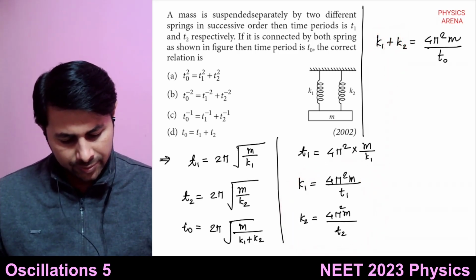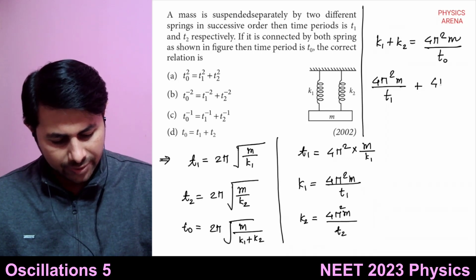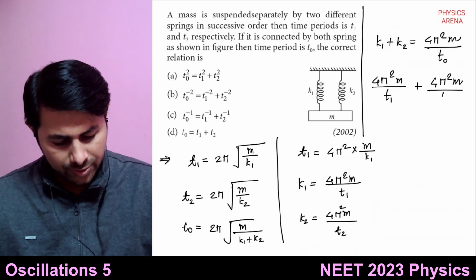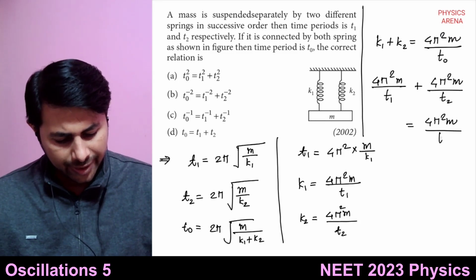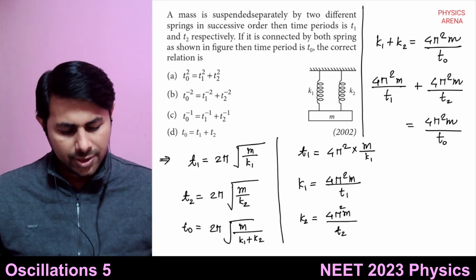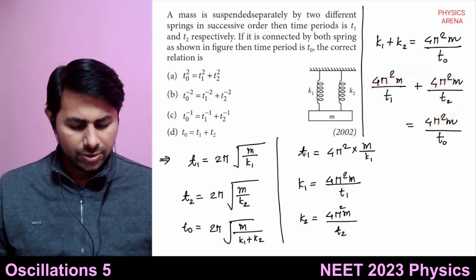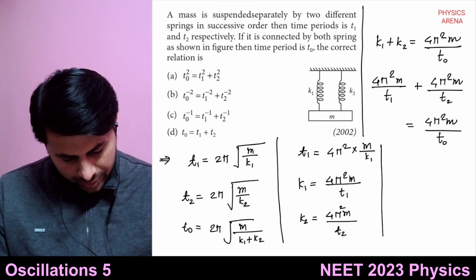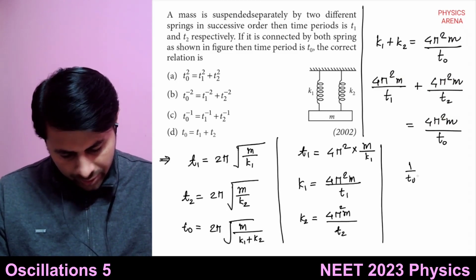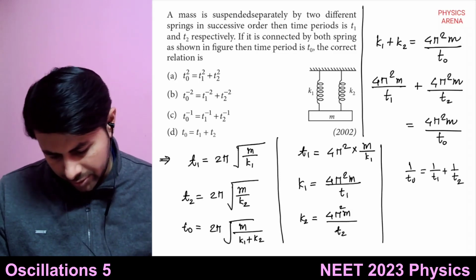So what do we get? 4 pi square m divided by T1 square plus 4 pi square m upon T2 square is equal to 4 pi square m divided by T naught square. So this 4 pi square m gets cancelled. 1 upon T1 square plus 1 upon T2 square is equal to 1 upon T naught square.